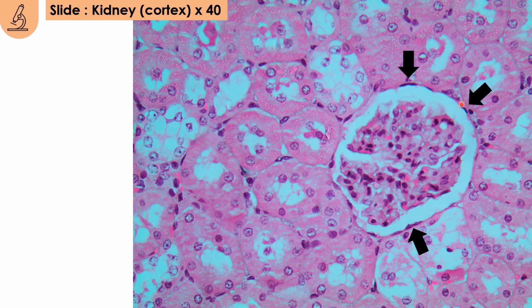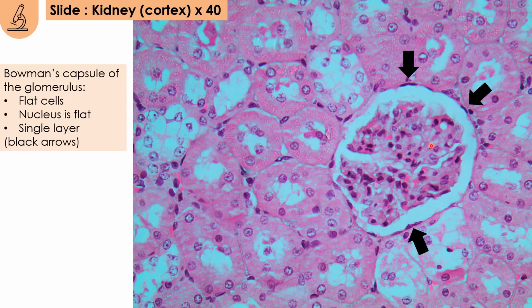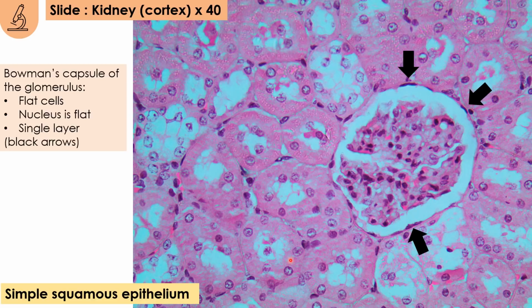Another, you can see the cells themselves are flat. And the nucleus, the bluish one, is also flat. So can you guess what this is? Flat cells, flat nuclei, single layer, as shown by the black arrows. This is the simple squamous epithelium.